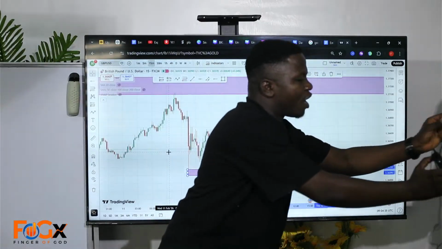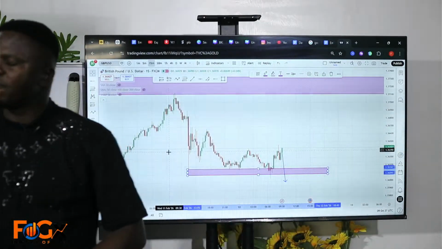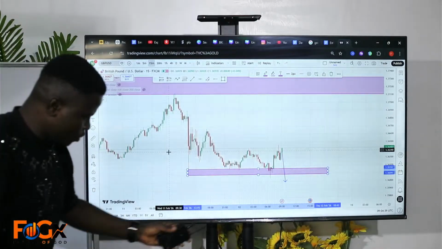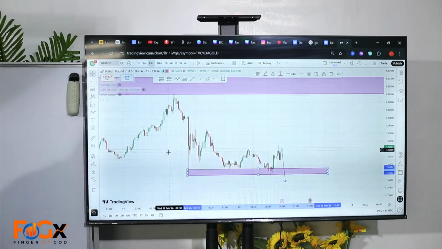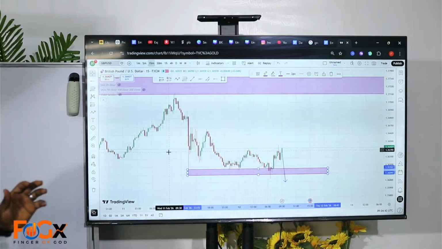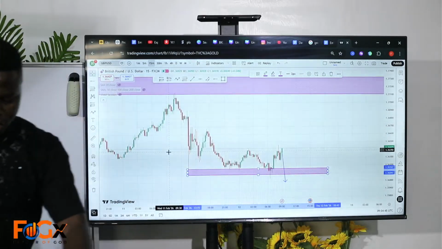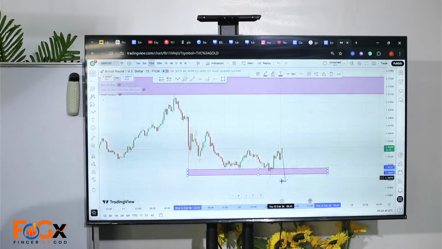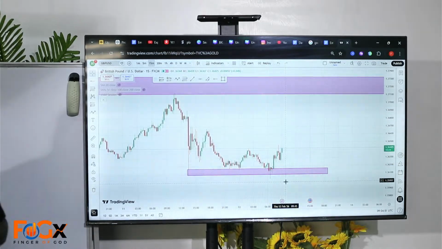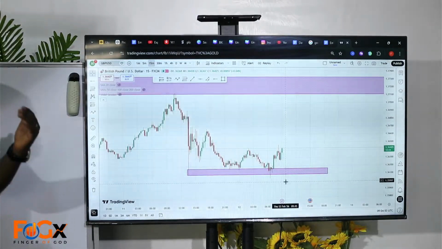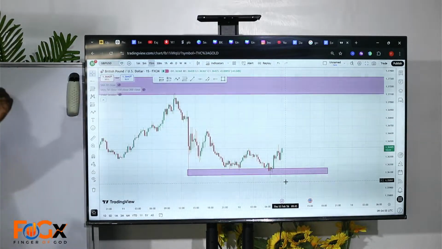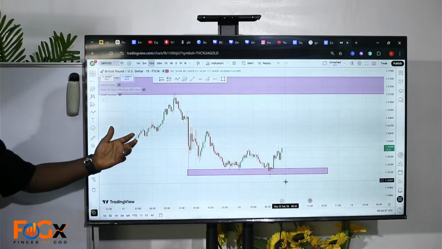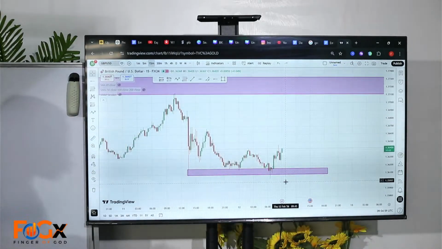Now, when you are doing analysis, never forget structure. Never forget structure. If you look at this GBPUSD clearly, you will see that price was doing lower low, lower high, lower low.